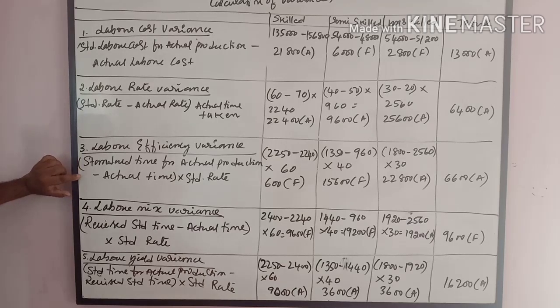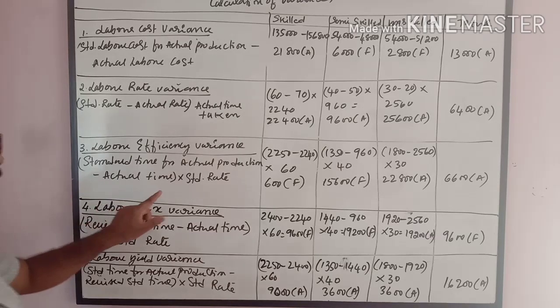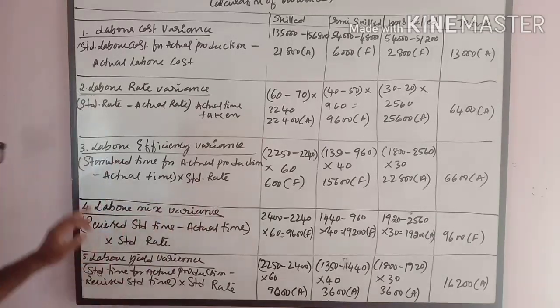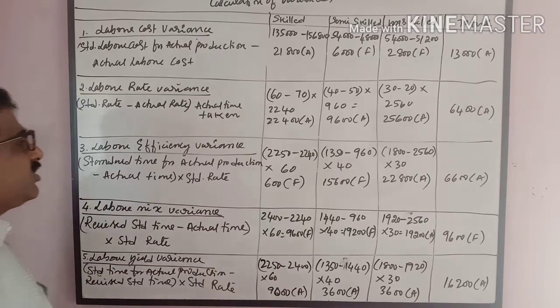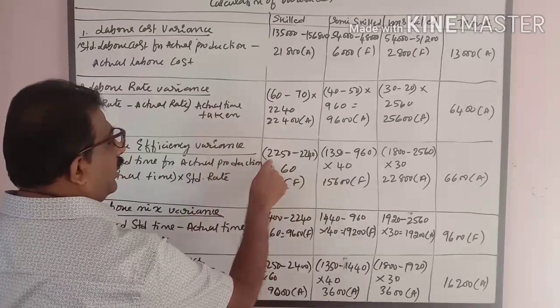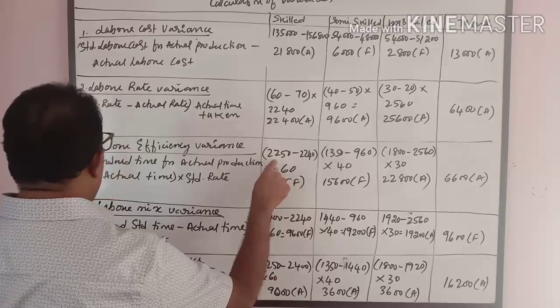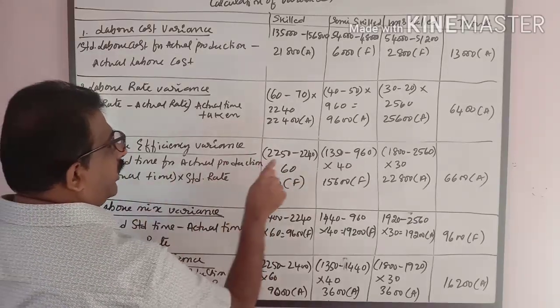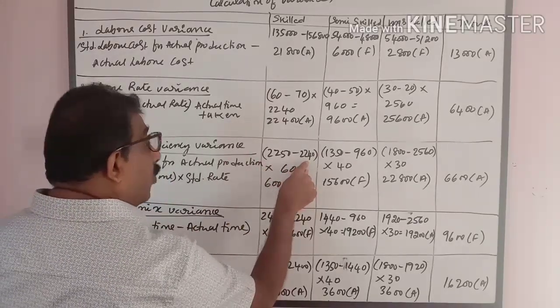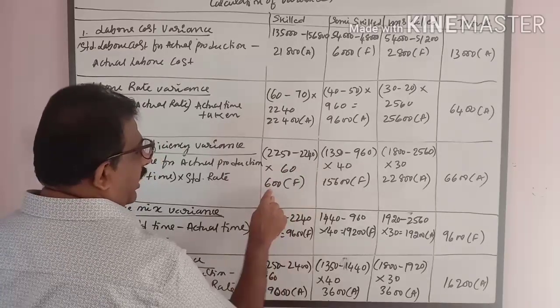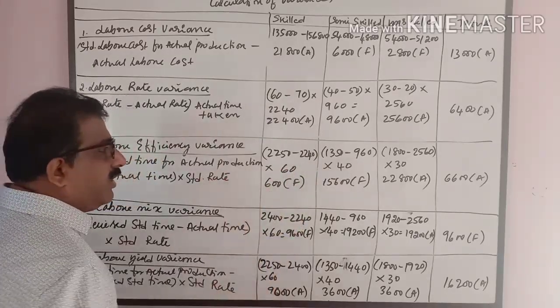Next we come to labor efficiency variance. The formula is standard time for actual production minus actual time into standard rate. Standard time for actual production, which we calculated in the input table, is 2250, and actual time is 2240, into 60, which comes to 600 favorable.